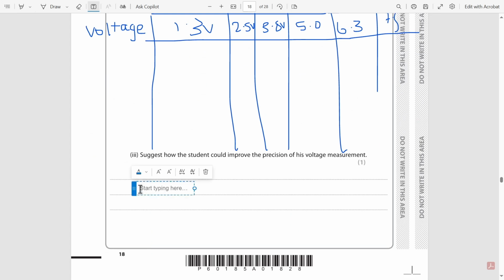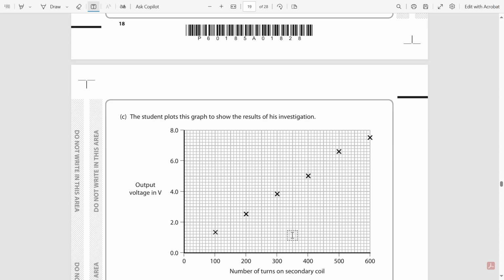He could increase the sensitivity of the voltmeter by allowing it to measure more decimal places. Something like that.